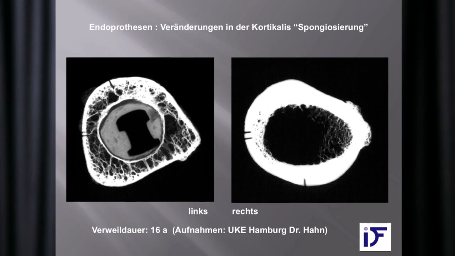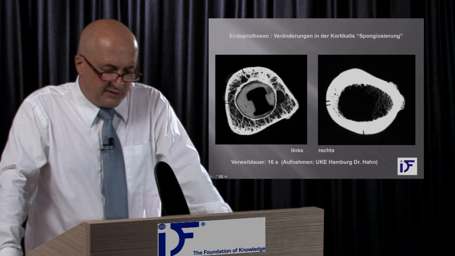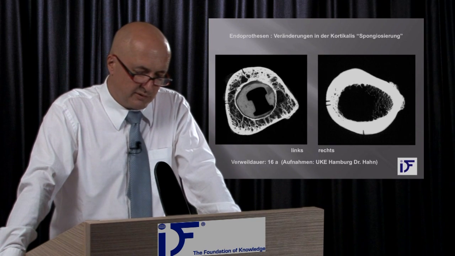Now this inner cortical is in connection with the outer cortical by spongious bone. As you can see here, these are those trabeculae, and so part of the load is then transmitted to the outer cortical. More is transmitted there and less is transmitted there. So we learn from these pictures that the bone mass around implants is reduced.